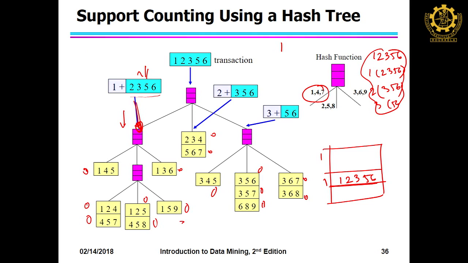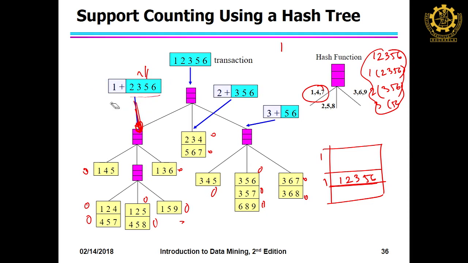Again, first is 1 and next we can do 2 and any combination of 3, 5, 6, and similarly 1 and any combination of the rest. So this is done. Everything obtained from here will be obtained from this node, but this is not the leaf node, so you have to go down.